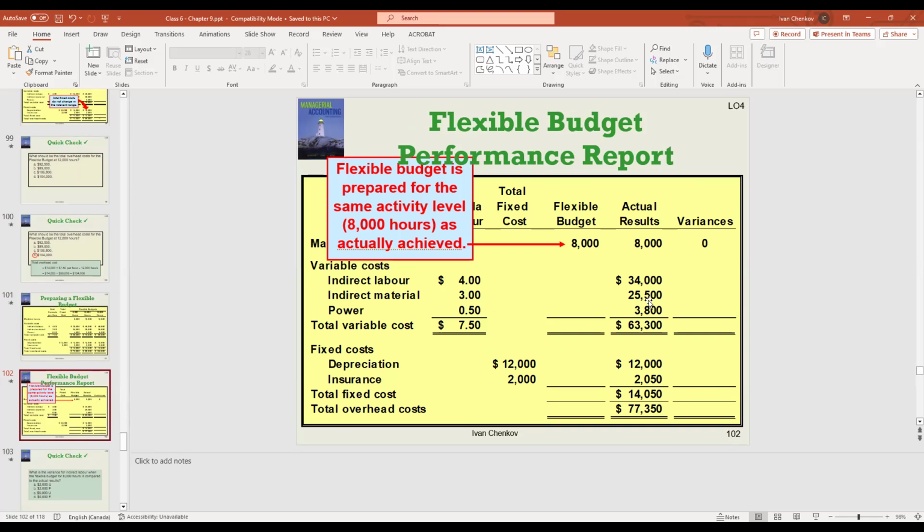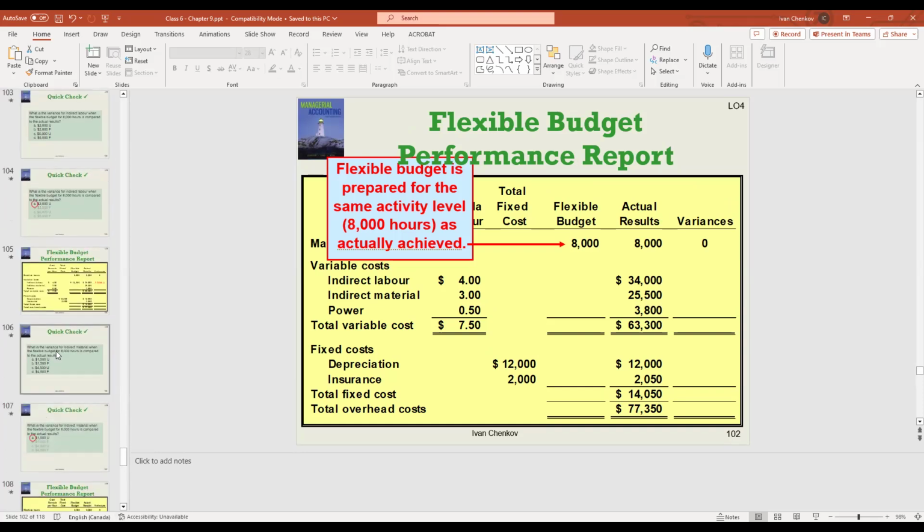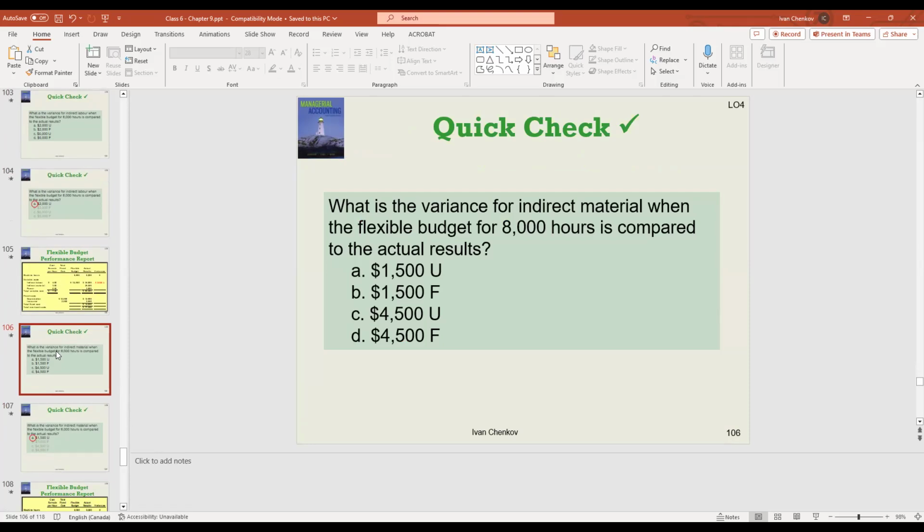Are we overspending or underspending? Overspending. How much? 1,500. So if somebody asks you, what's the variance for the indirect material when the flexible budget is 8,000 hours compared to the actual results? Your answer will be 1,500 unfavorable, correct?